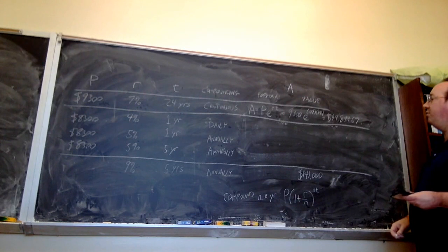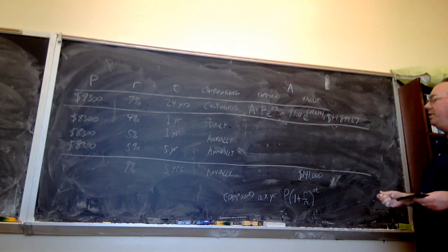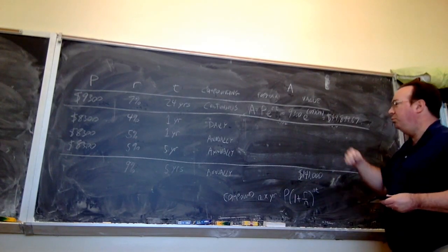So that's pretty substantial growth, but we're investing for 24 years. This shows why it's important to start investing for retirement early to give the interest more time to compound.